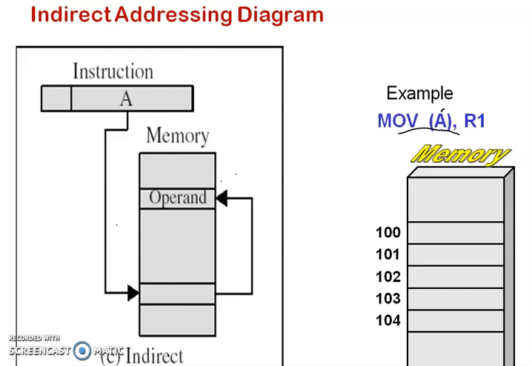So A indicates one location where an address is being stored. Inside that address you will have the actual value that needs to be stored to the R1 register.